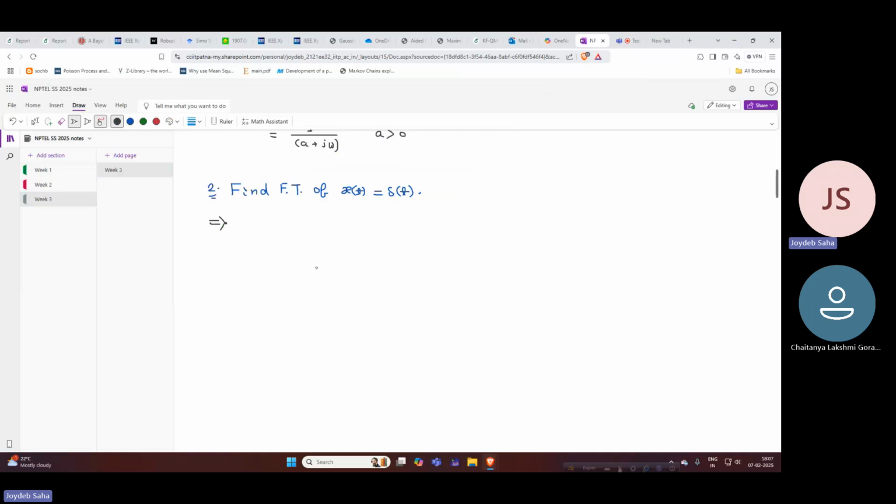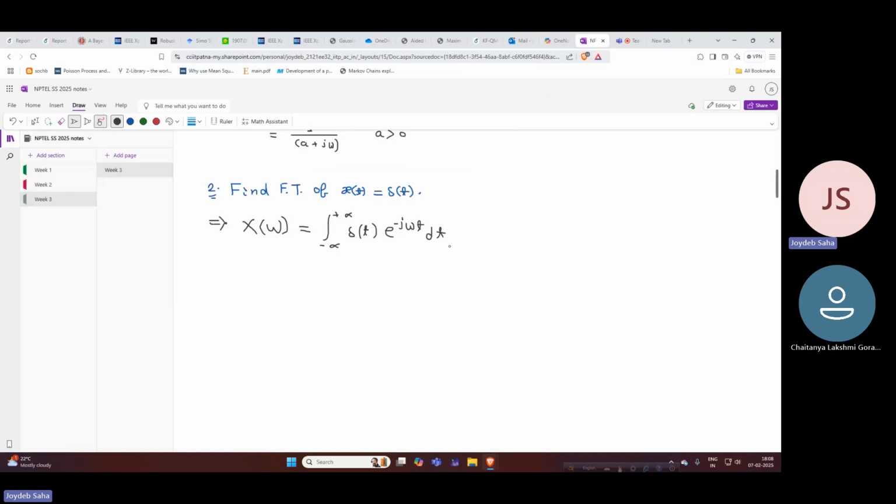So let us try to find the Fourier transform. So X(omega) will be, again from the definition, the integral from minus infinity to plus infinity of delta(t) e to the power minus j omega t dt.